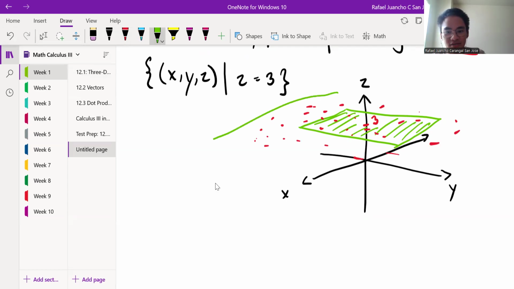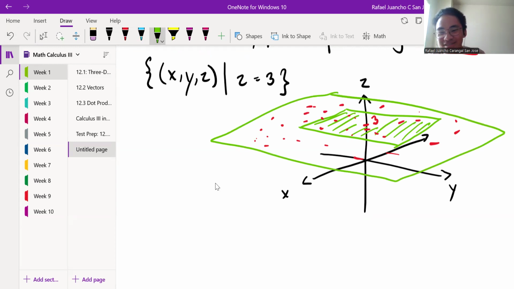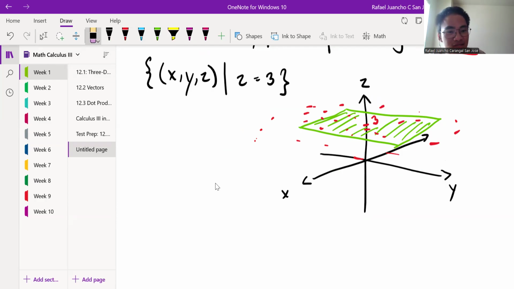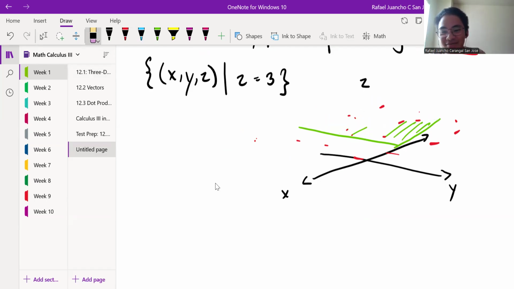We could cover that, like that. Bigger plane. But as long as Z is 3, then we should be good. So these are all the set of all possible points as long as Z is 3. Let's erase that. Looks ugly. Looks like blood. Anyway, so yeah, that's the idea.